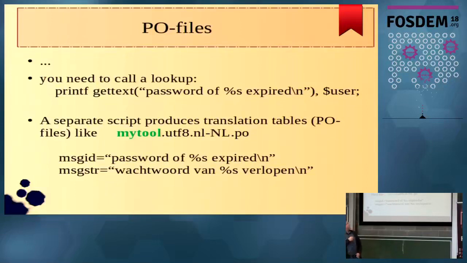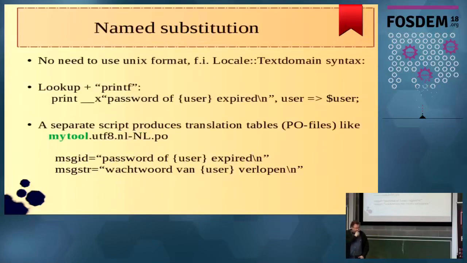And then you have a domain name. That's because you have more translation tables, a different table for each of your programs. These are read by this getText function, the tables for the language which is selected, and then the translation is made.